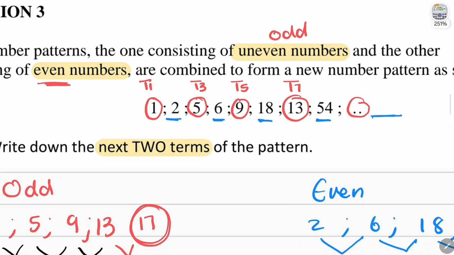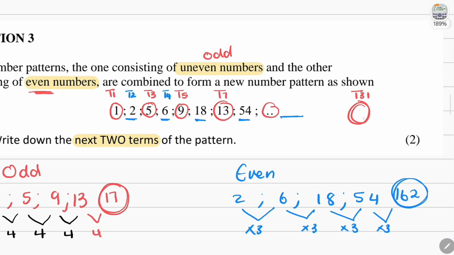Let's look at this. This is term 1 in the odd, and then this is term 2, and it belongs to the even. Then this will be term 4, and so on. The pattern starts with odd, then even, odd, then even. If this is odd, then the next one is even. Term number 32 is even.